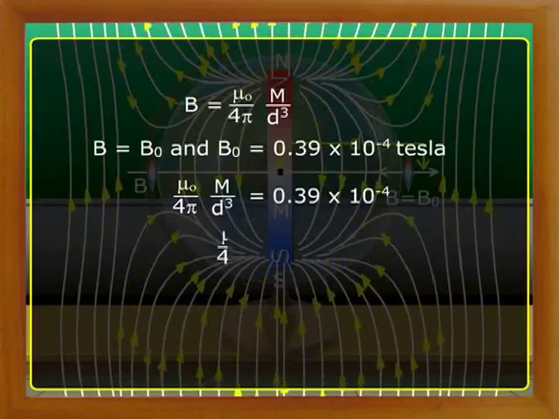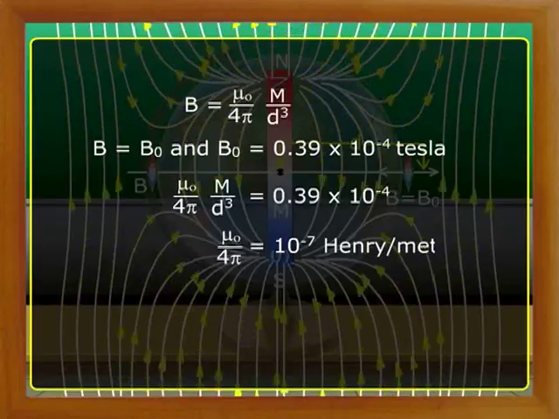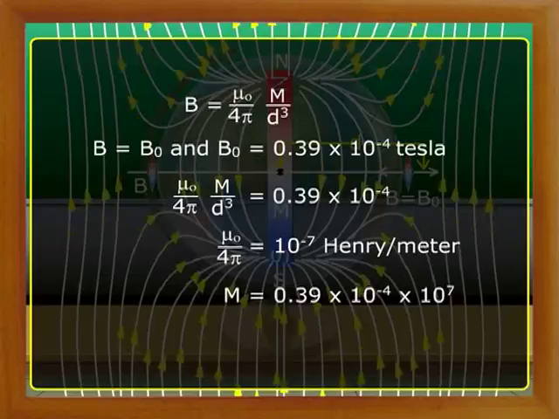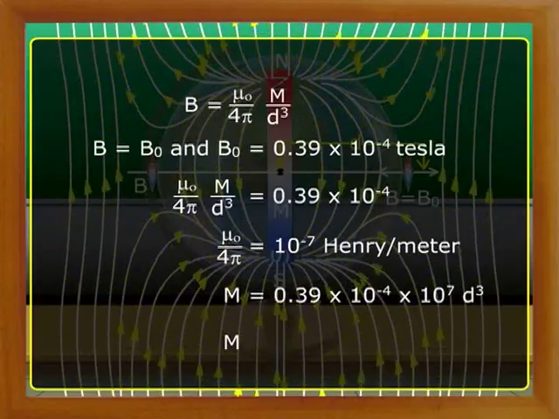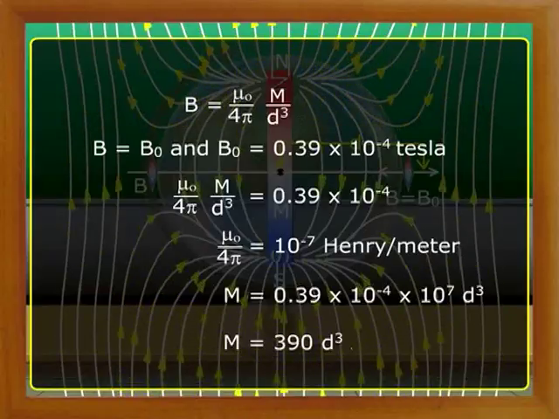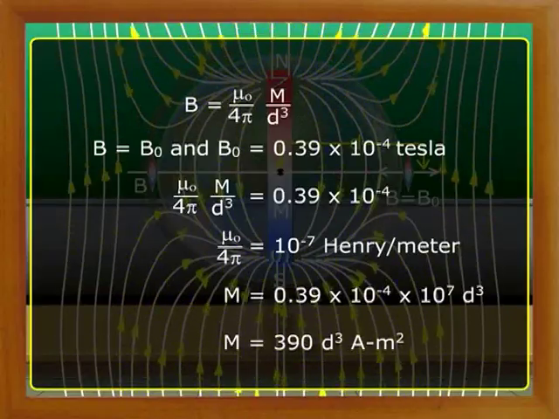Since mu 0 by 4 pi is equal to 10 to the power minus 7, we have M is equal to 0.39 multiplied by 10 to the power minus 4 multiplied by 10 to the power 7 d cube, or M is equal to 390 d cube Am square, which is equation 18.